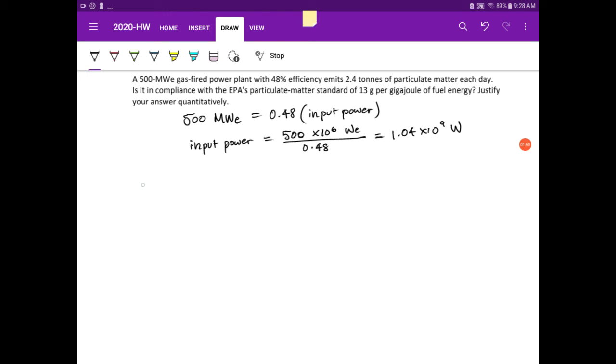So what we're going to do is say the input energy, which is the fuel energy, is equal to 1.04 times 10 to the 9 joules per second times 60 seconds per minute times 60 minutes is 1 hour times 24 hours is 1 day.